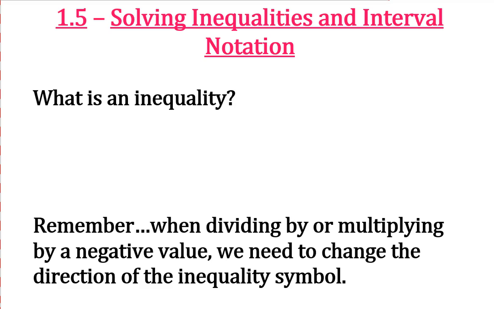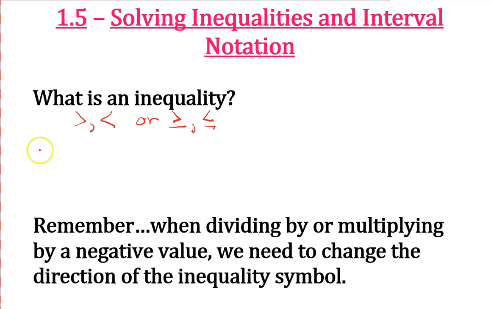So an inequality basically is very similar to an equation, but the big difference is that we have inequality symbols involved in our writing. We're going to use our greater than or less than or greater than or equal to or less than or equal to instead of actual equal signs. So you're going to see these pop up.